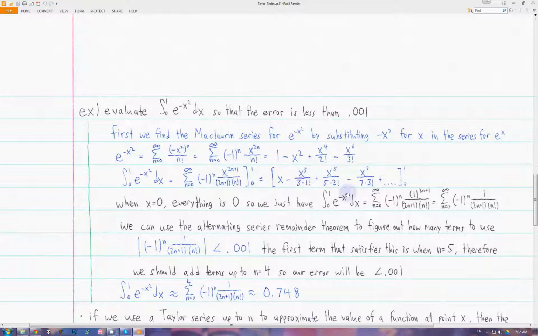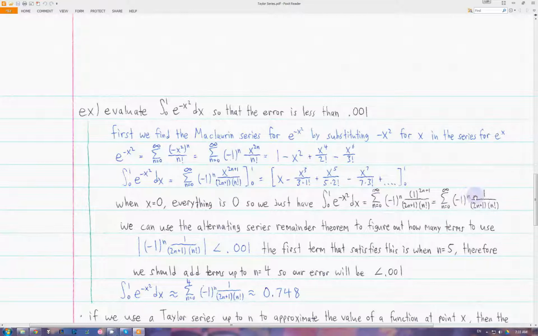But this evaluated at 0 is just 0 because every term includes an x, so they're all going to be equal to 0 if we plug in x equals 0. So to get the value of this definite integral, all we really have to do is find the value of this when x equals 1, which is over here.